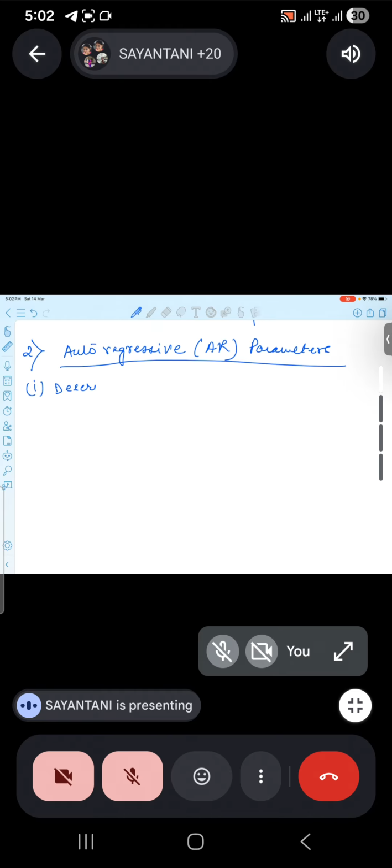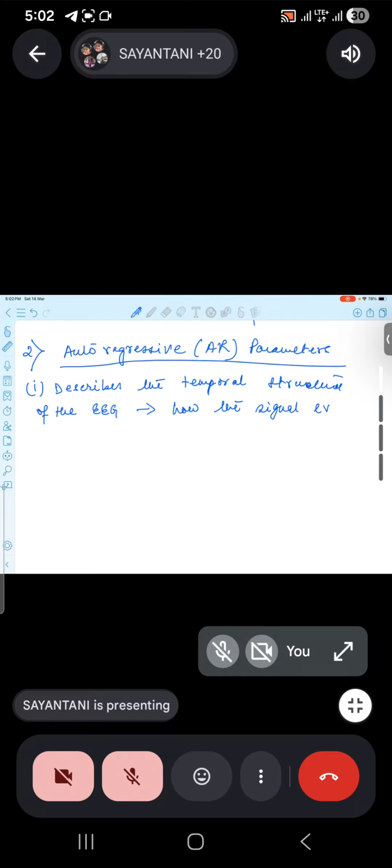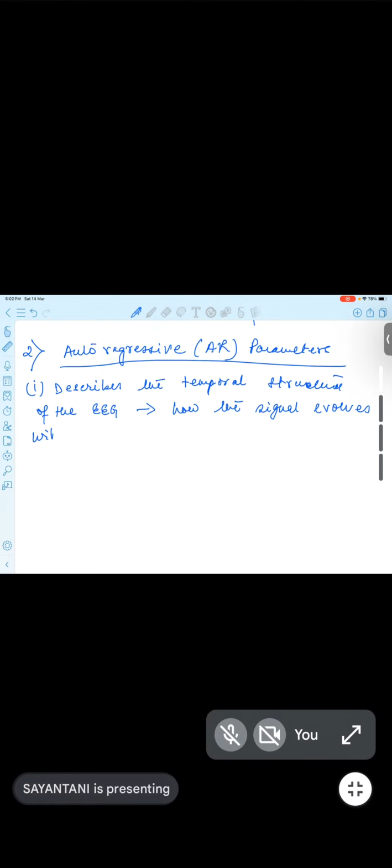It describes the temporal structure of the EEG signal. What do I mean by temporal structure is how the signal evolves with time. As time is progressing, what are the changes taking place in the signal, right? That is what is captured via autoregressive parameters.